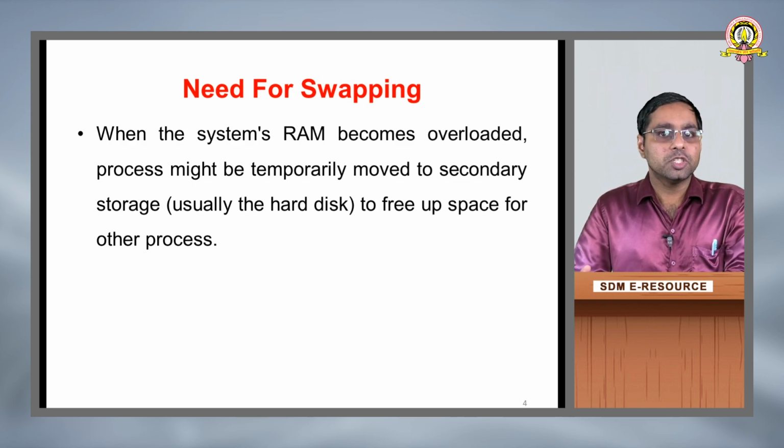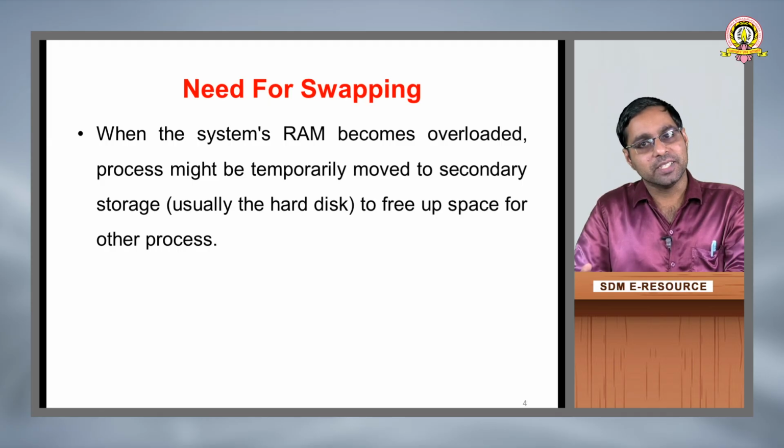But programs have to be ultimately executed, so the processes have to be stored in primary memory. The CPU has direct access only to primary memory. So there might be a scenario where the RAM, or primary memory, is full, and some process waiting in the secondary memory or hard disk wants to execute.